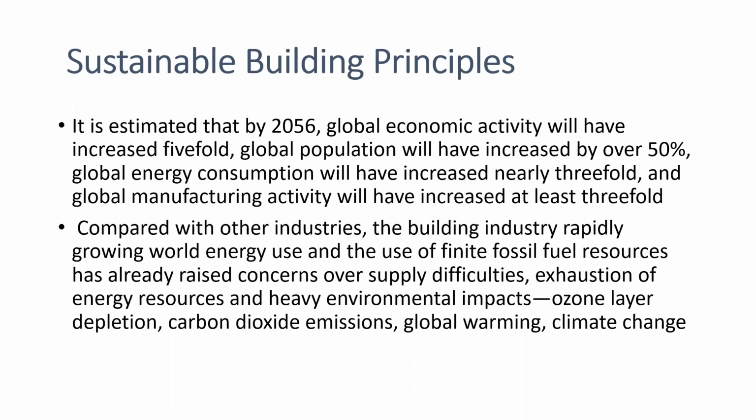And the global energy consumption will have increased nearly by threefold, 3 times. And the global manufacturing activity will have increased at least by threefold. So with the increase of the global population, global economic activity will increase, global energy consumption will increase, as well as the global manufacturing activities.